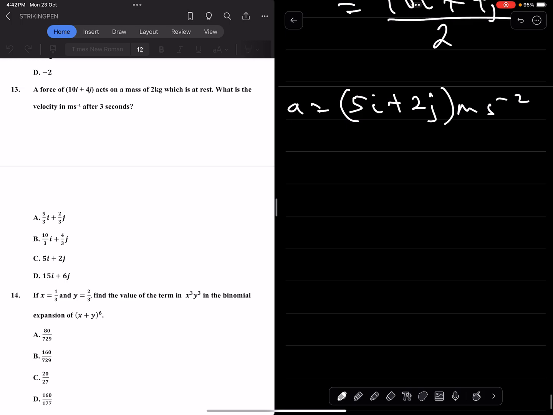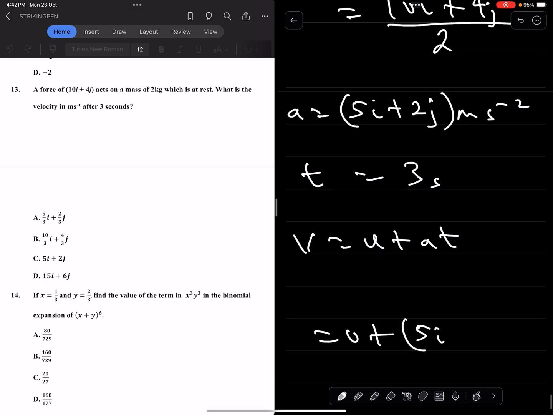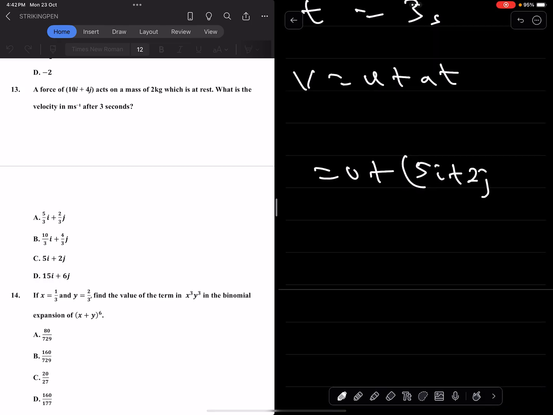Now that I know a, I can find the velocity after 3 seconds. I know that time is 3 seconds. That simply means v, which is equal to u plus at, will be 0 plus a, which is 5i plus 2j, times t, which is 3.